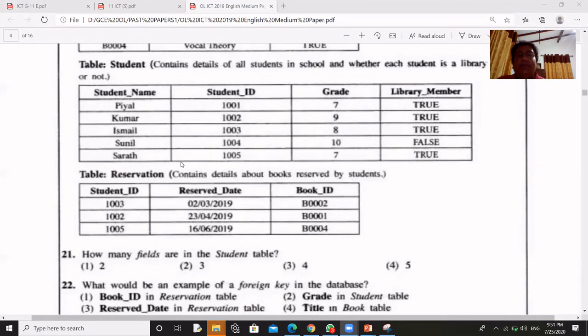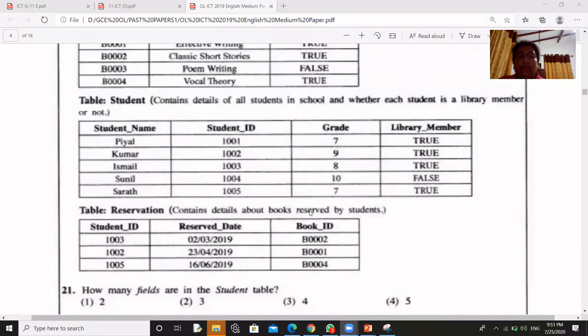Book ID in the reservation table. Yes, you can consider both student ID and book ID as a compound or composite primary key, but individually, when you consider the definition of a foreign key, what is it? That is the primary key of another table.